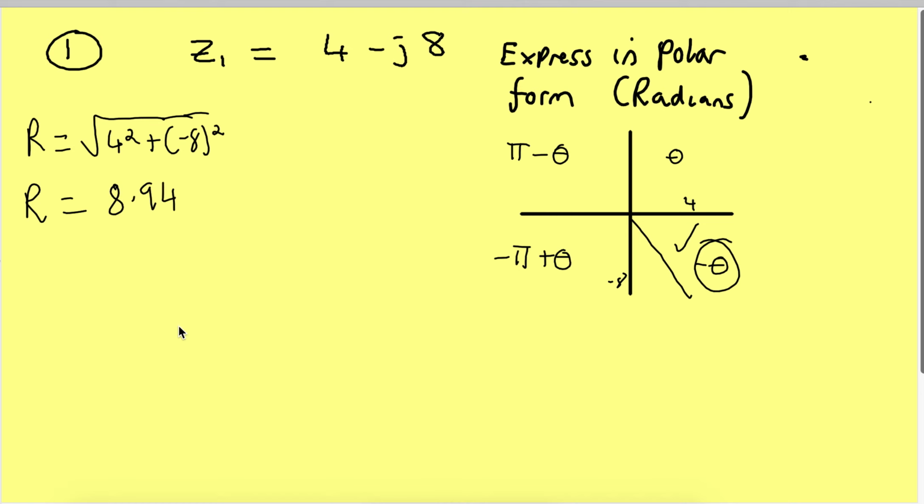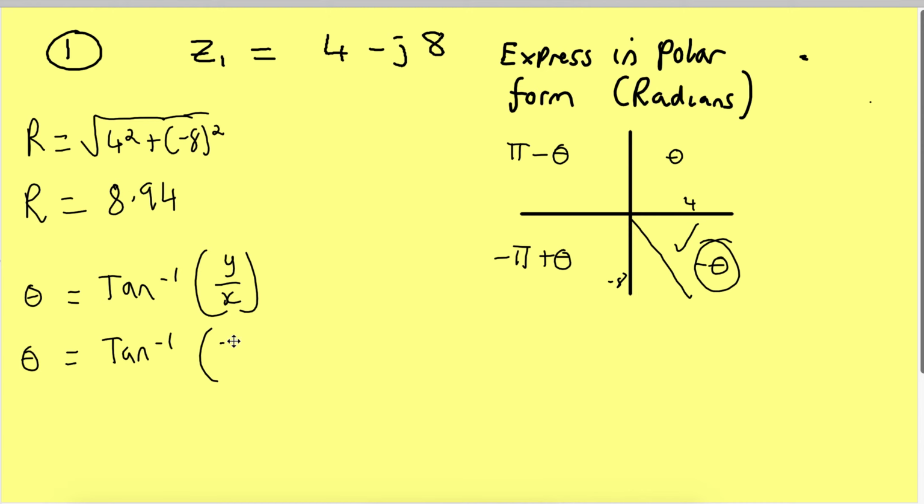Okay, right, now we know that theta equals the inverse tan of y over x. So theta is going to be the inverse tan of negative 8 over 4. But remember, see that negative.